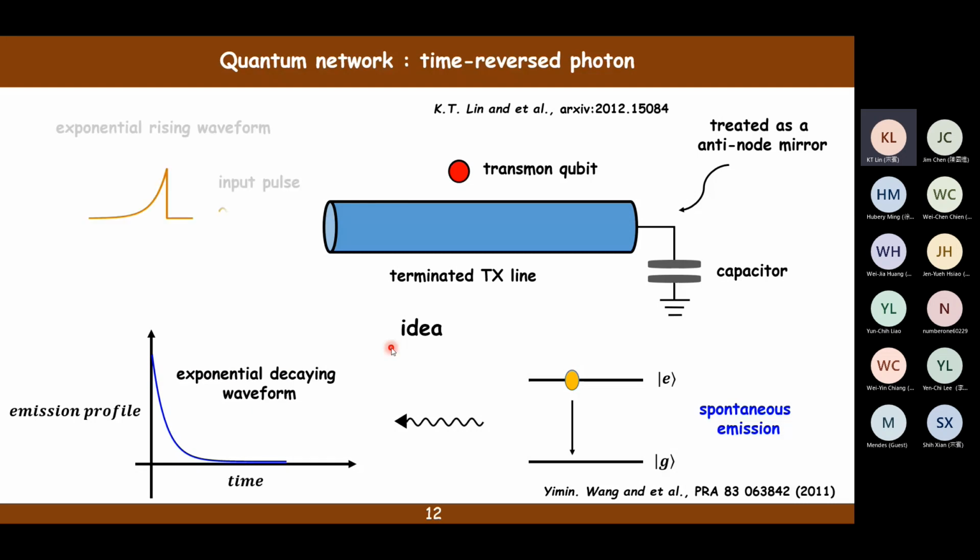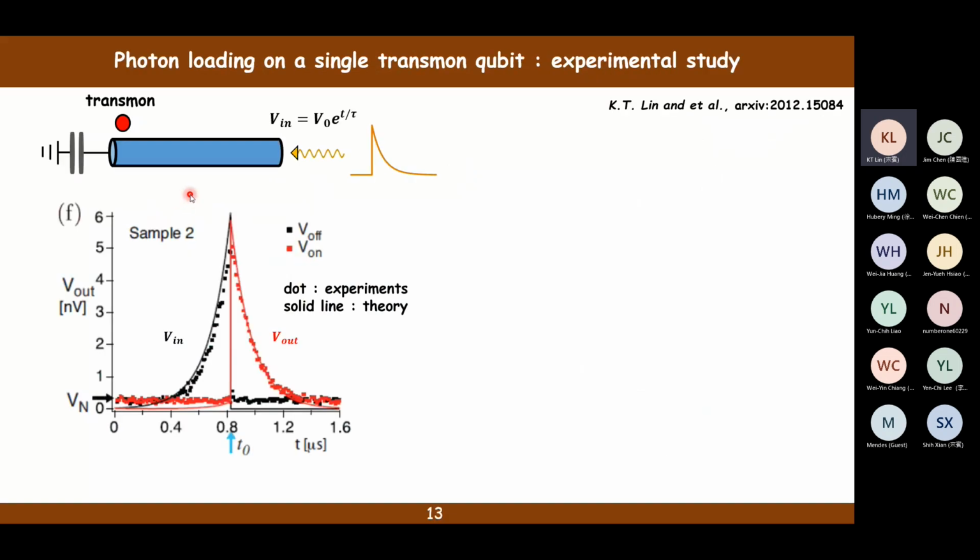So now we consider an exponential rising waveform as our input pulse, interacting with the transmon qubit, and we can calculate the corresponding output signal to see if this single photon can be absorbed or not. Again, we tackled this problem together with Professor Ho's group. This figure shows some results.